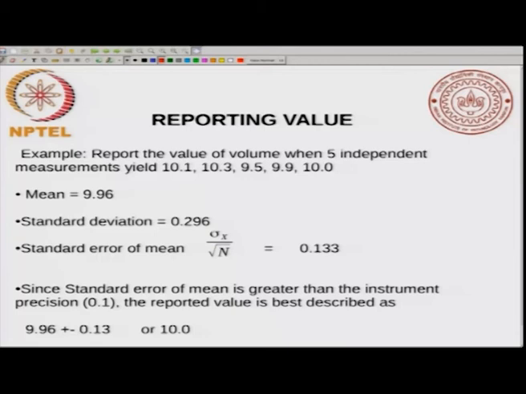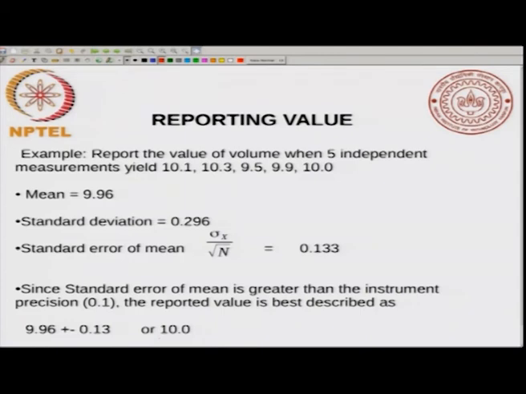Now, often since the instrumental precision is only 0.1, if you round off 0.133 you get about 0.1, and if you round off 9.96 you get 10. So, you can simply report the value as 10.0. So, these are the two ways you can report. You can either say 9.96 plus minus 0.13 or you can say 10.0, and both are acceptable.